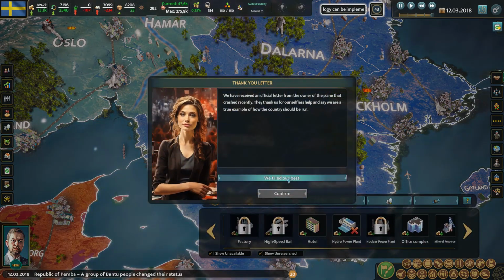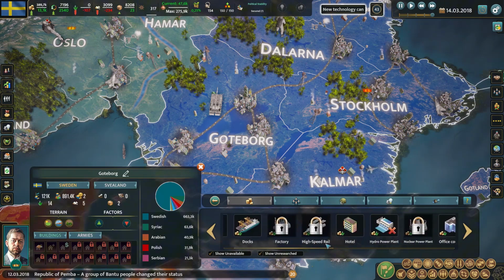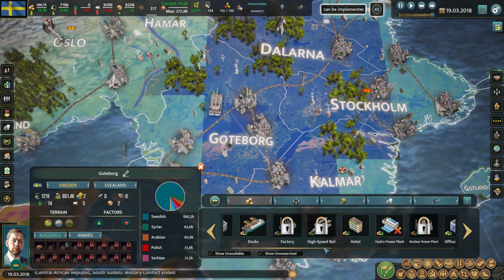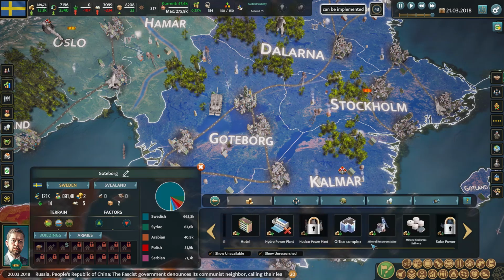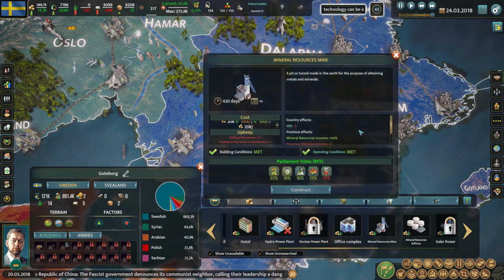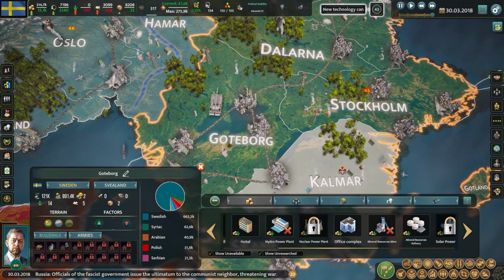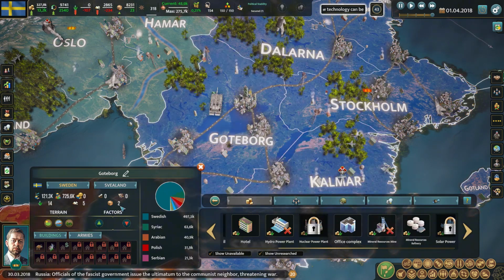And as you unlock the research and as you unlock the projects in the projects window, again, your options will expand. So, for example, you wouldn't have the basic mineral resources mine. You need to bump up the necessary mineral resources income.